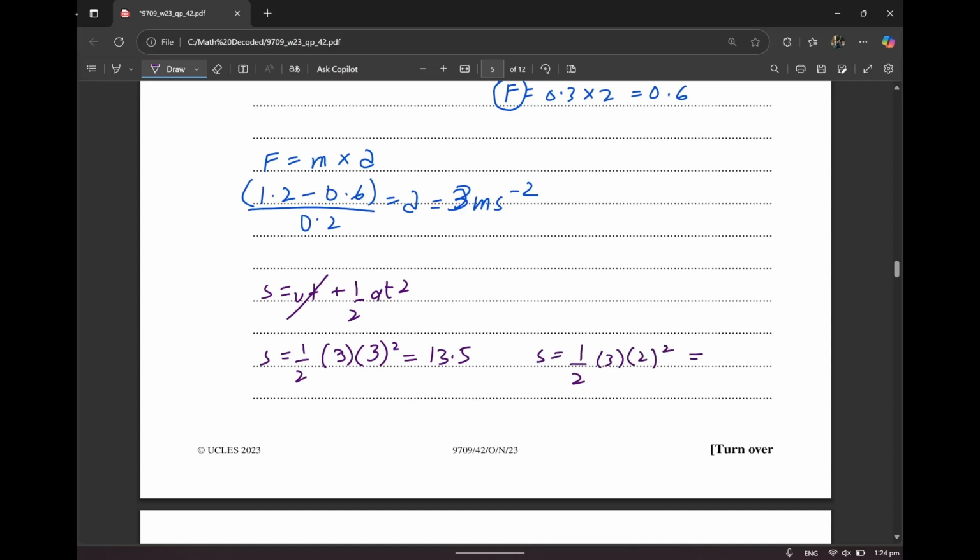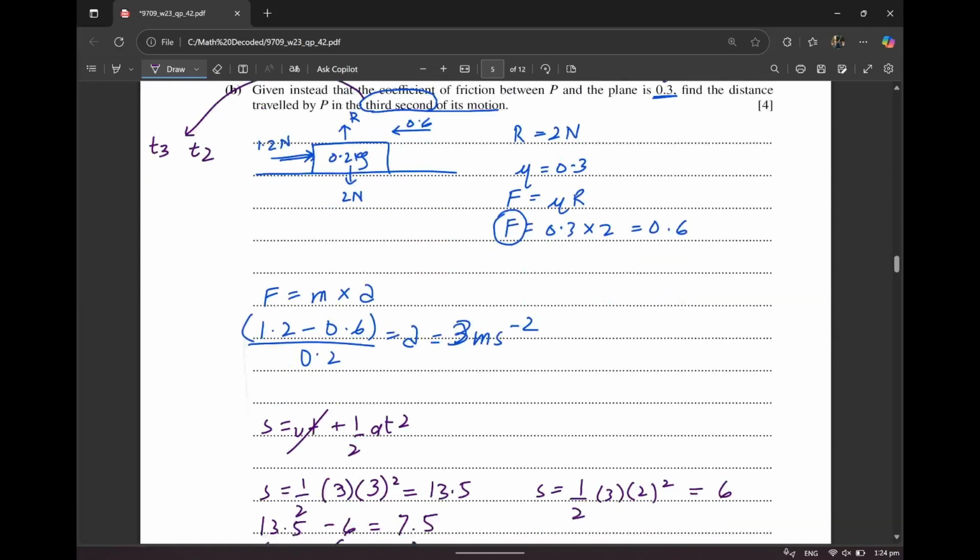And that will give me a value of 6. And then I subtract these two values. That's going to give me 7.5. So I did s at t equals 3 minus s at t equals 2. That gives me the value of the distance traveled in the third second of its motion.